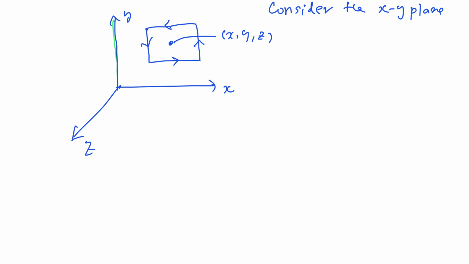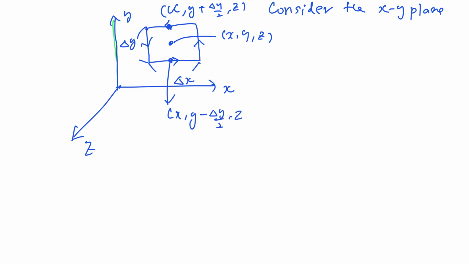Here, this is delta y, this is delta x. This point is x, y minus delta y over 2, z.